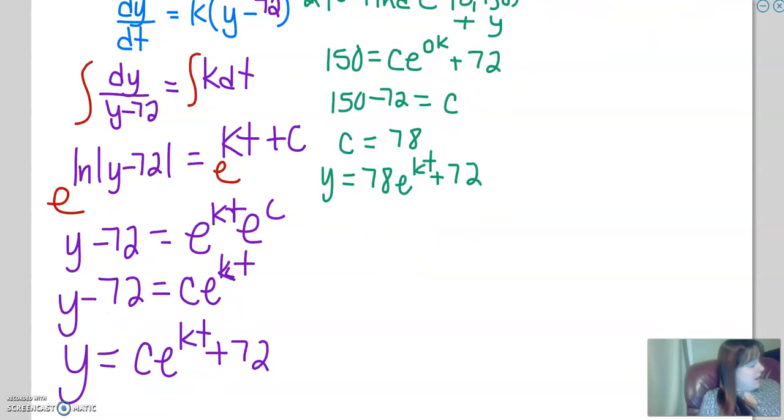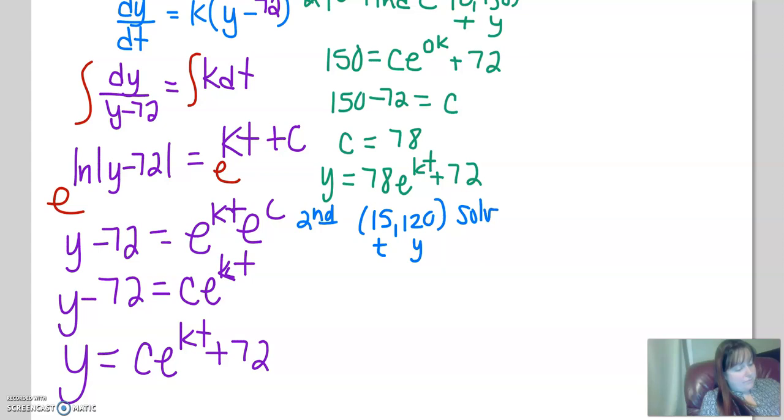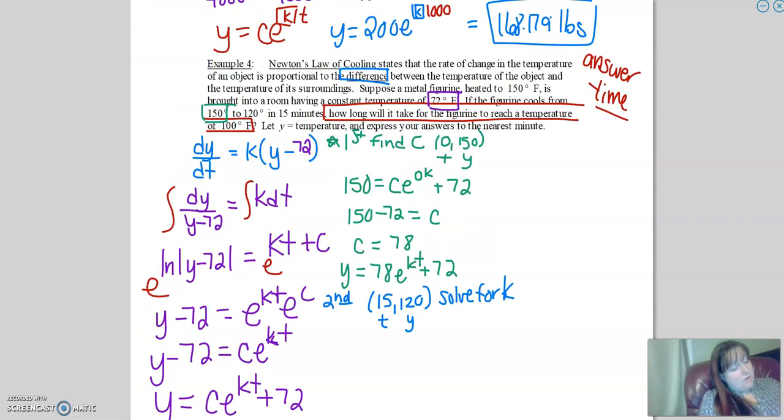So to do that, first we found C. Now we're going to use 15 and 120. Again, this is time and temperature to solve for k. If we look up here, in 15 minutes, it went from 150 to 120.